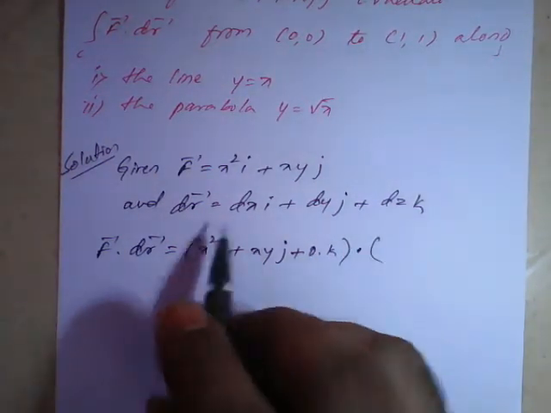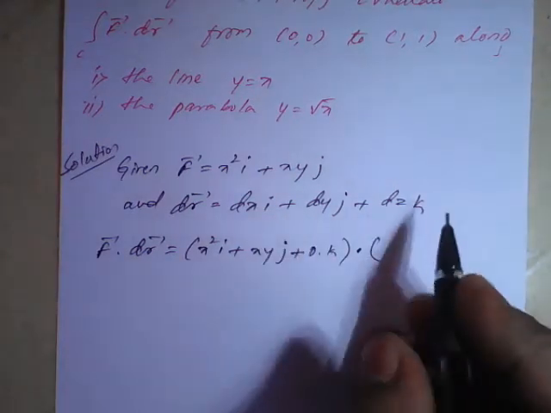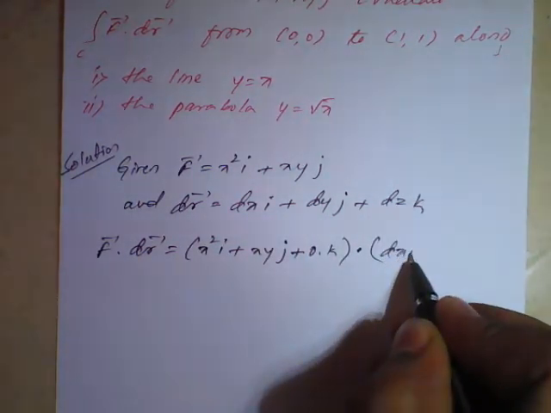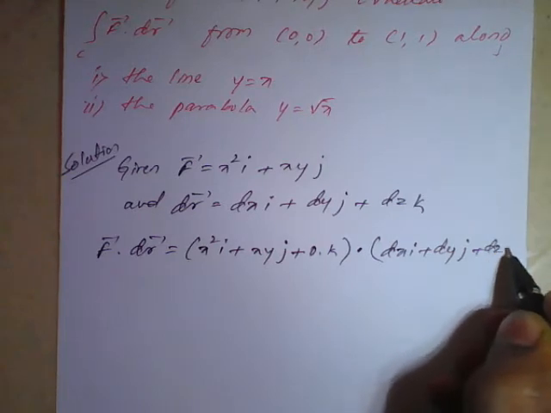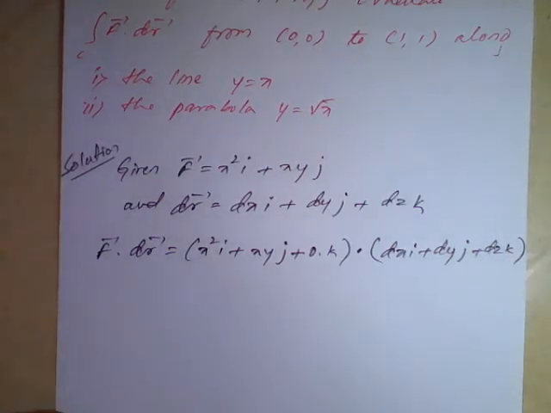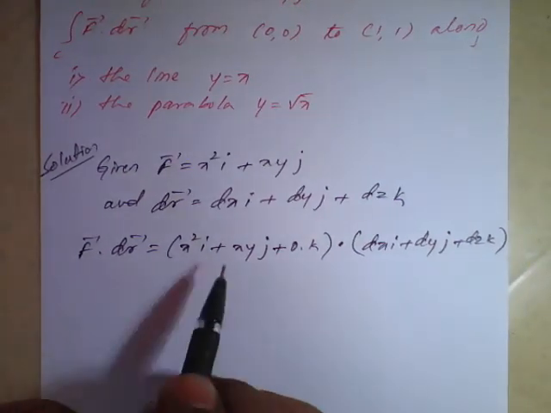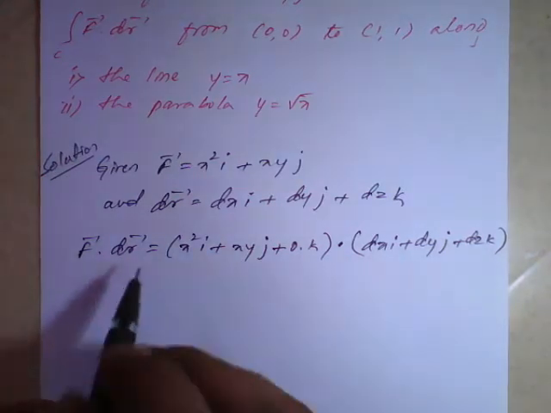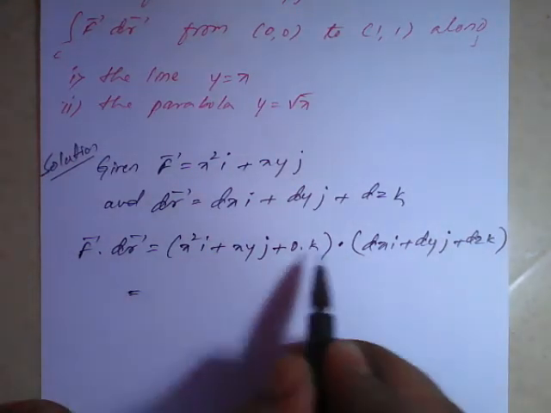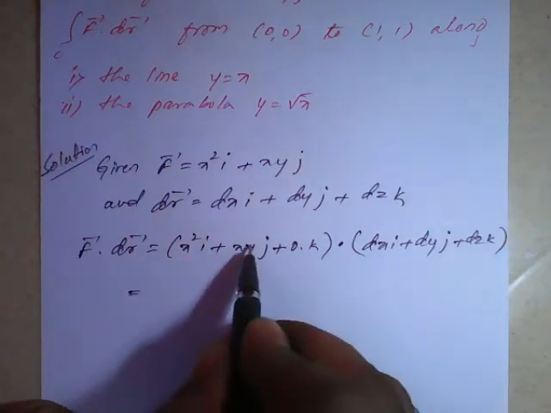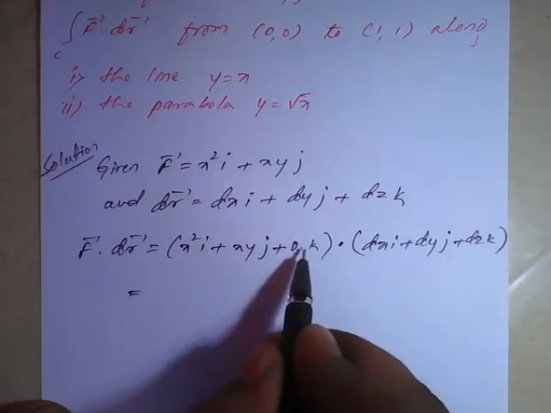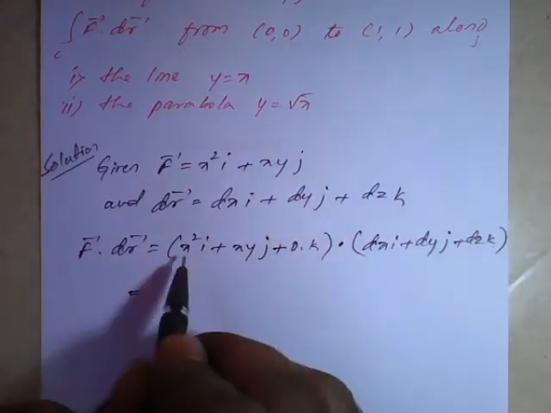Dot next dr, which is a vector in the form dx i plus dy j plus dz k. Once we have this, we go for the dot product of two vectors: we multiply the coefficient of i with the coefficient of i, j with j, and k with k.